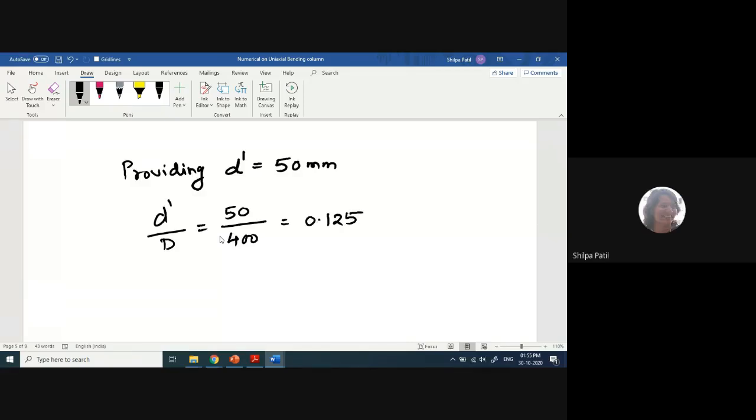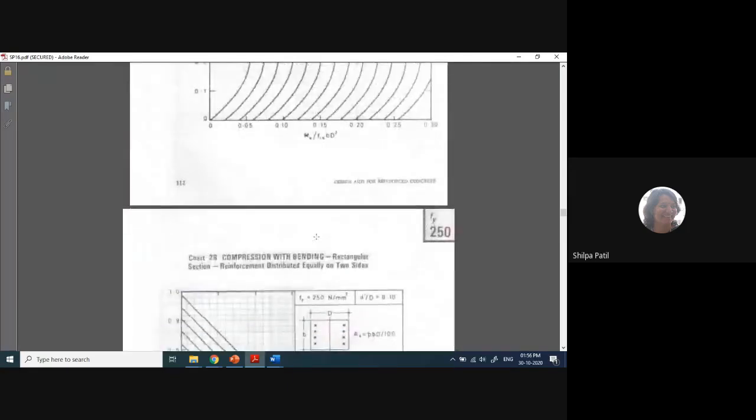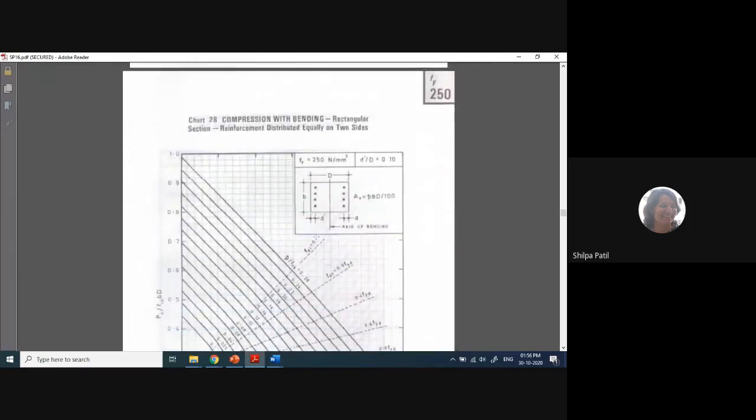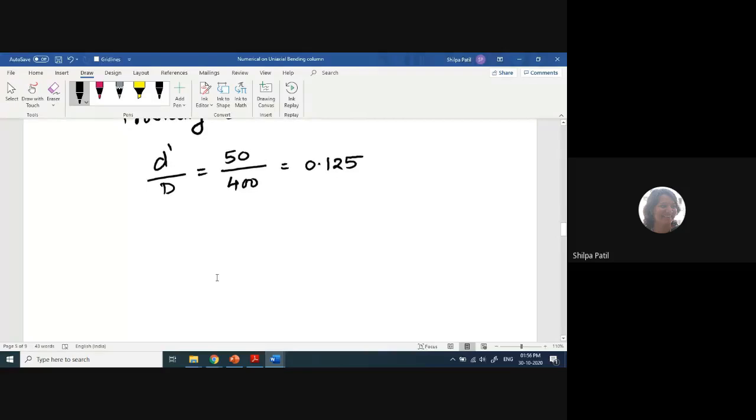0.125. Okay. Now let us go to SP16. We have to select the appropriate curve, right? These are for fy, and another assumption we need to make is how we are placing the reinforcement. So we will write down here, providing reinforcement on all four sides.